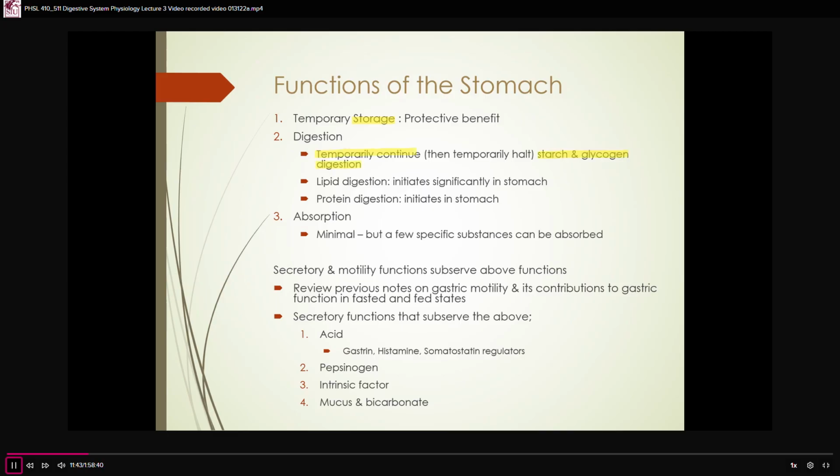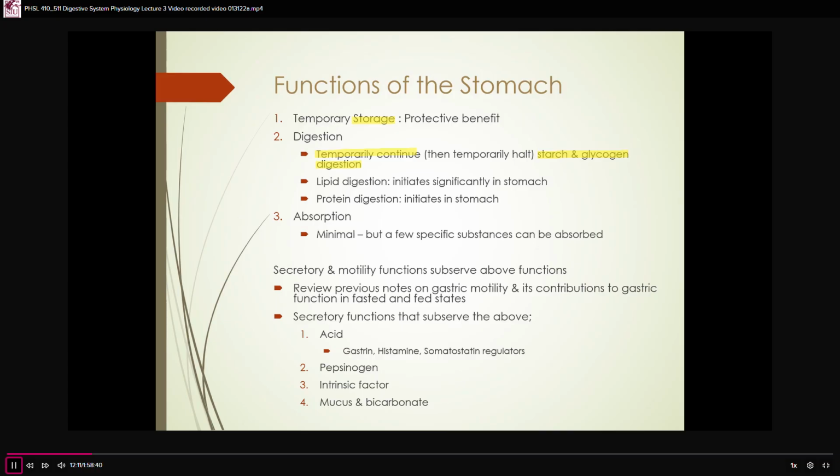How about digestion? What goes on? Well, the digestion that we started in the oral cavity, and you remember that was the digestion specifically of carbohydrates, and even more specifically of only the starch and glycogen type complex polysaccharide type of carbohydrates. So that's going to continue for a while, but the alpha amylase that's doing that enzyme activity is very susceptible to denaturation by all the acids present in the stomach.